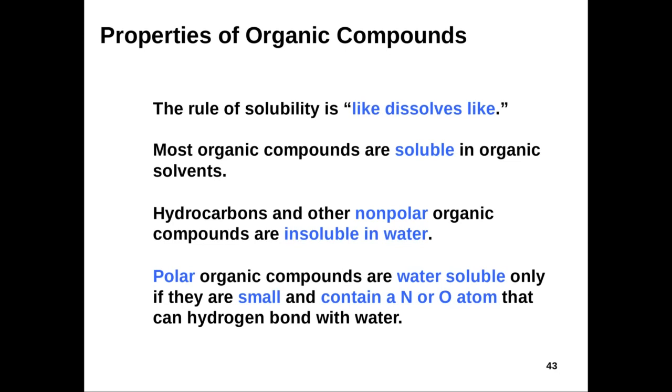So what does that mean in terms of organic compounds? I don't know why I keep saying hydrocarbons in my brain. Most organic compounds are soluble, i.e. will dissolve into other organic solvents. So organic into organic.